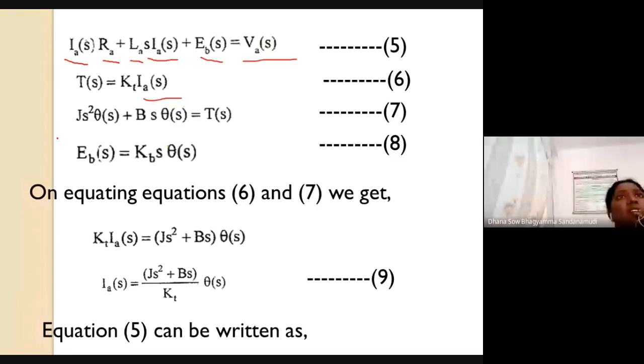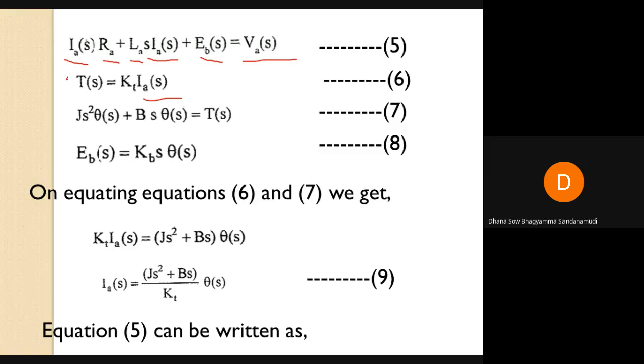Similarly, Laplace of the mechanical rotational system is J s square theta of s plus B s theta of s equal to T of s. Similarly, Laplace of the back EMF equation. These are equations number 6 and 7.